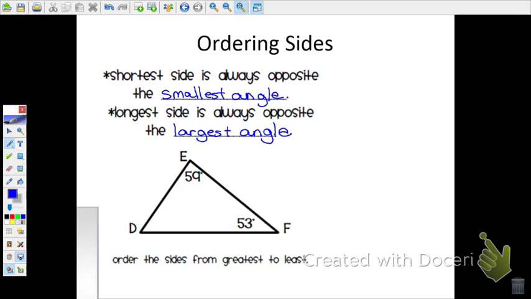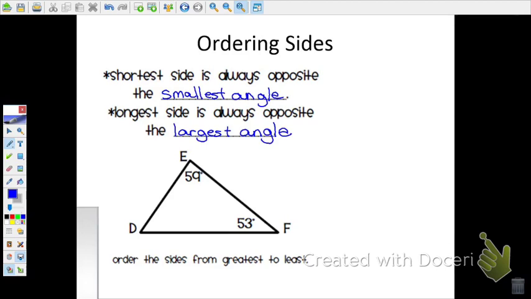So with this example, they want me to order the sides from greatest to least. I don't have any information about the side lengths. But again, I can put them in order by looking at my angle measures.